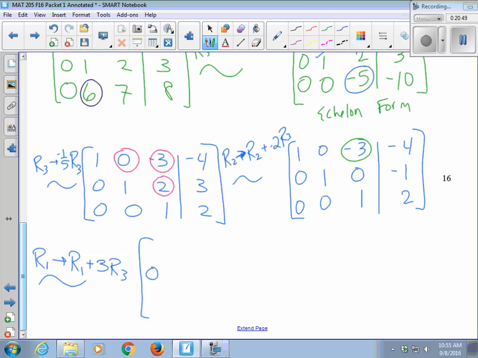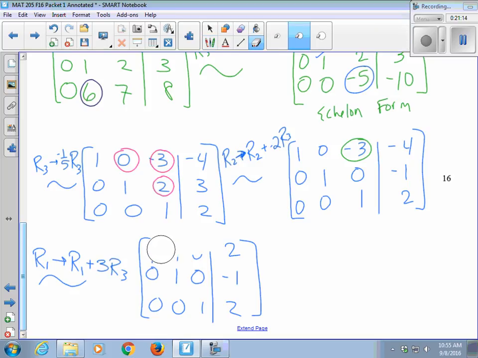So copy row 2 and 3. Okay, row 1, we're going to stay 0, 1, and then 3 times 1 is 3, plus -3 is 0. 3 times 2 is 6, plus -4 is 2. Oops, I had it right the first time. Supposed to be 1, 0, 0.